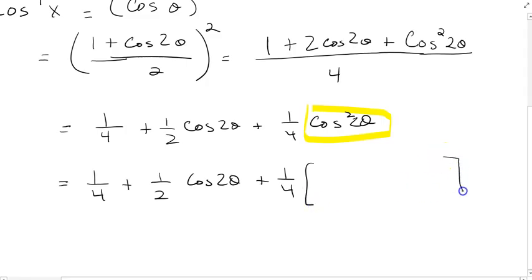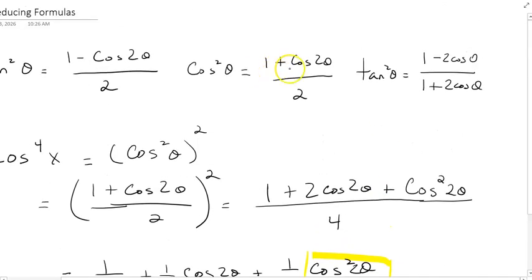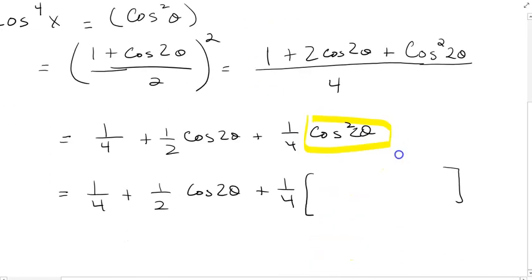All right, what does cosine squared 2 theta look like? Well, if you go to your formula, it's 1 plus cosine 2 theta, over 2, but my theta in this case is 2 theta.